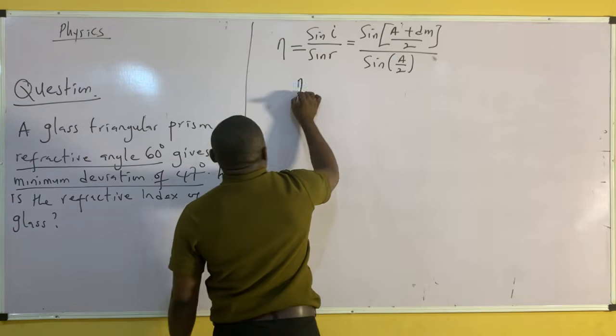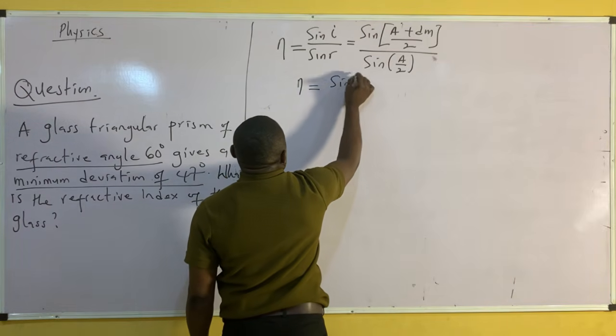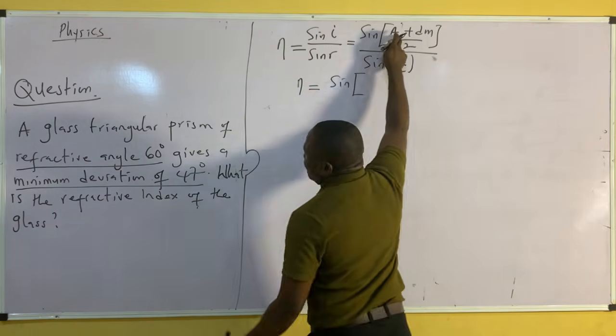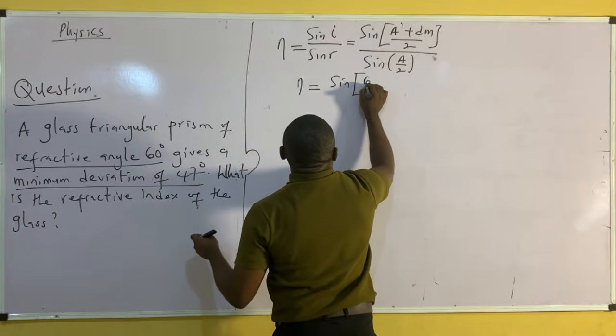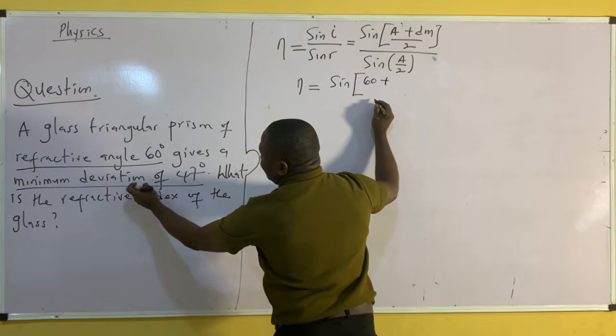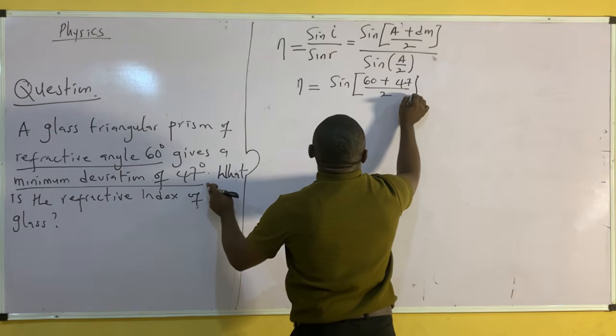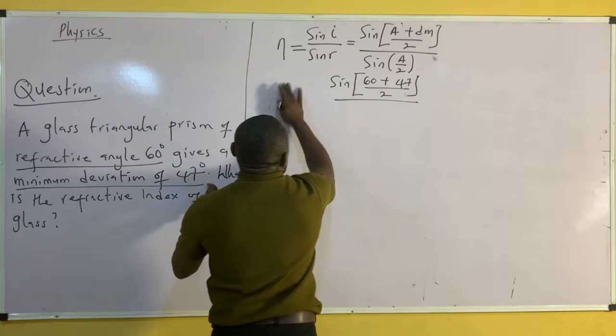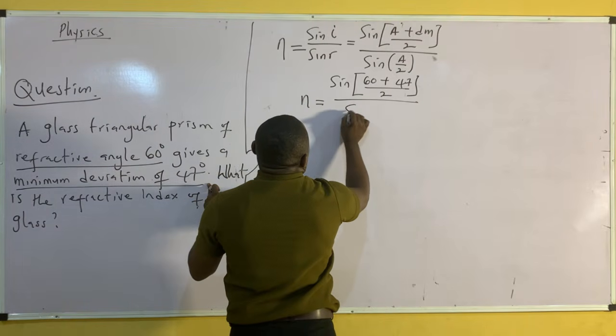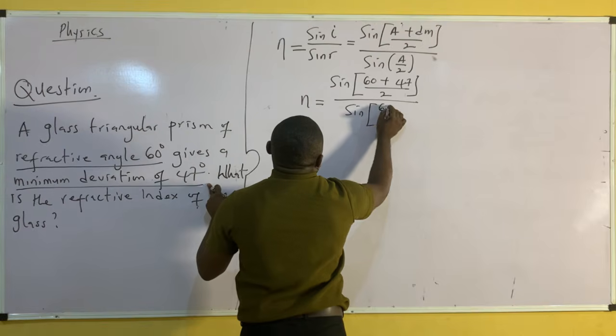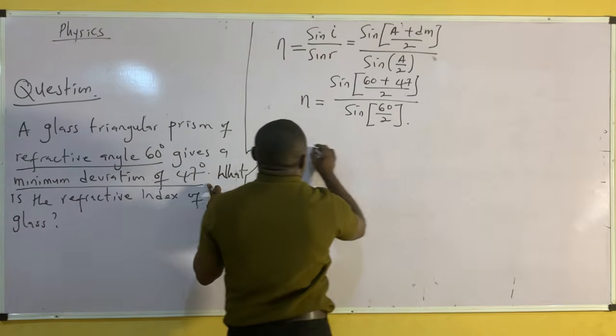So refractive index equals the sine of open bracket, refracting angle 60 plus minimal deviation 47 over 2, all over sine of 60 over 2.